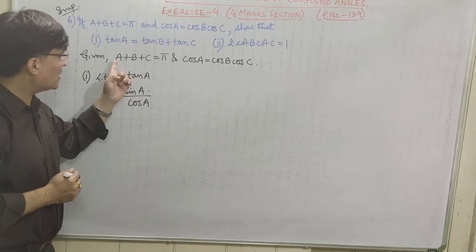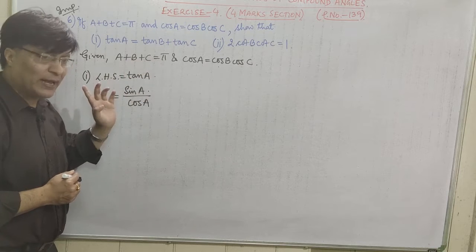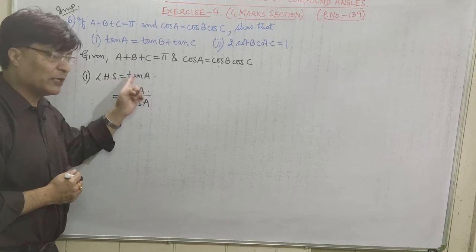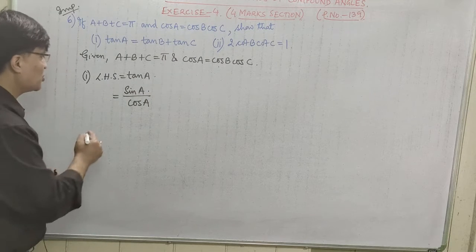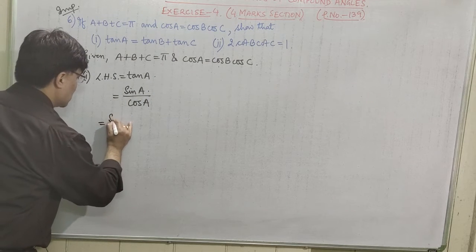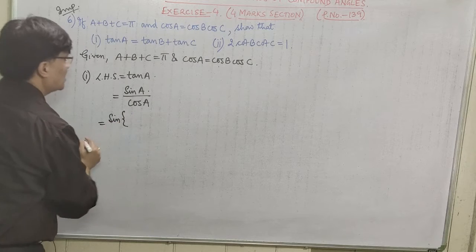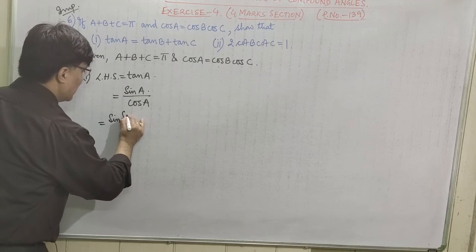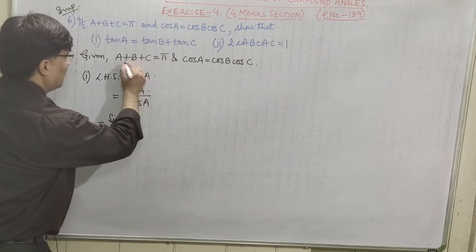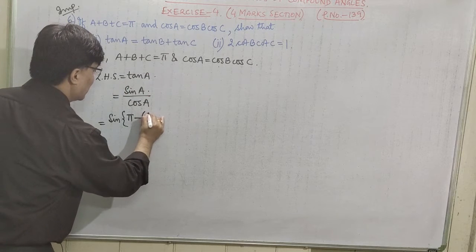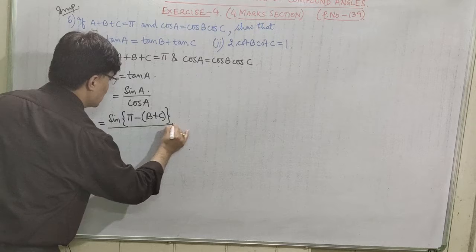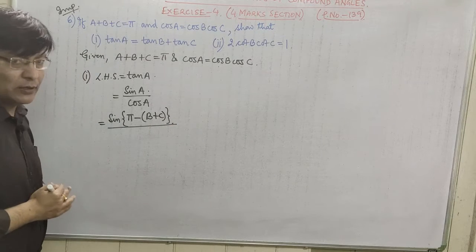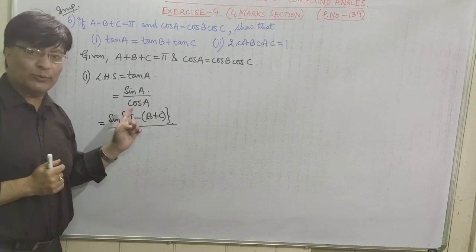It is given that a plus b plus c is equal to pi. So what is the value for a from here? A is equal to pi minus (b plus c). So it is equal to sin (pi minus (b plus c)), whole divided by, so what will you do with this denominator?